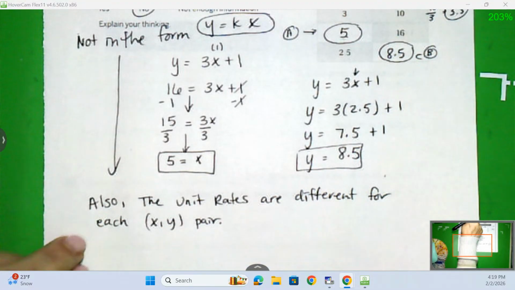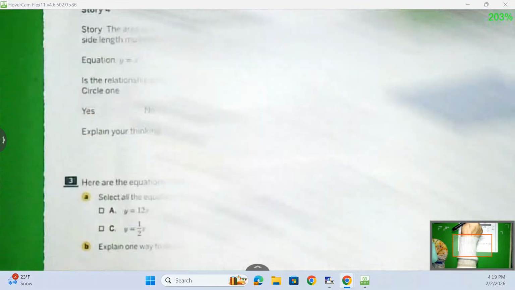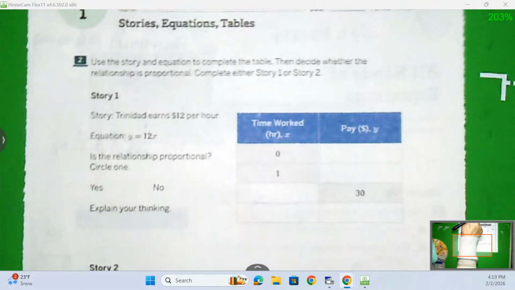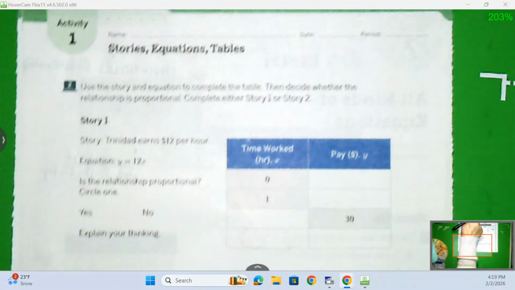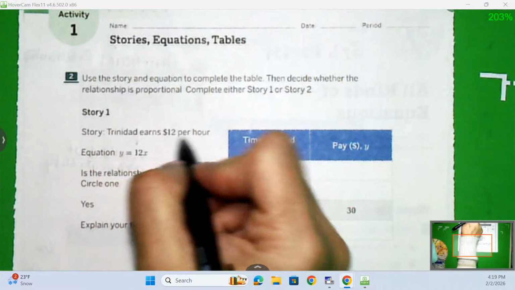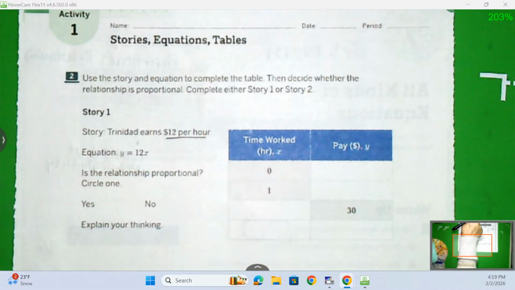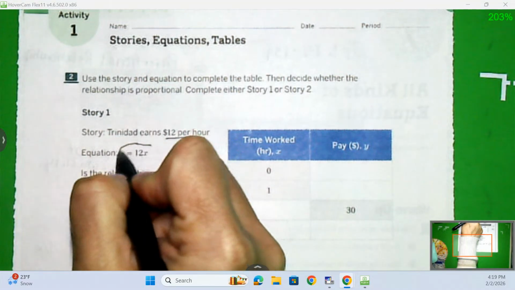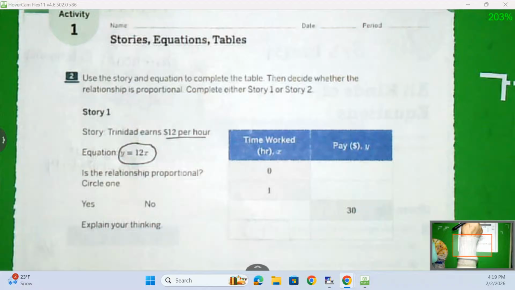Okay, over to page 132. Here we have stories, equations, and tables, activity 1. Story: Trinidad earns $12 per hour. The equation is y equals 12x. Is the relationship proportional?